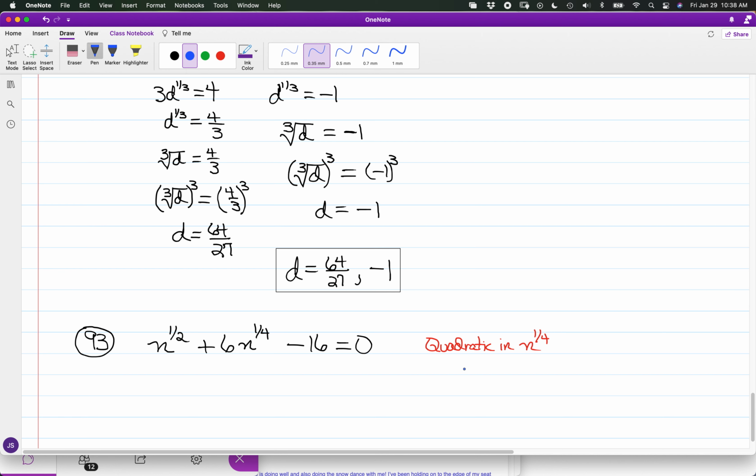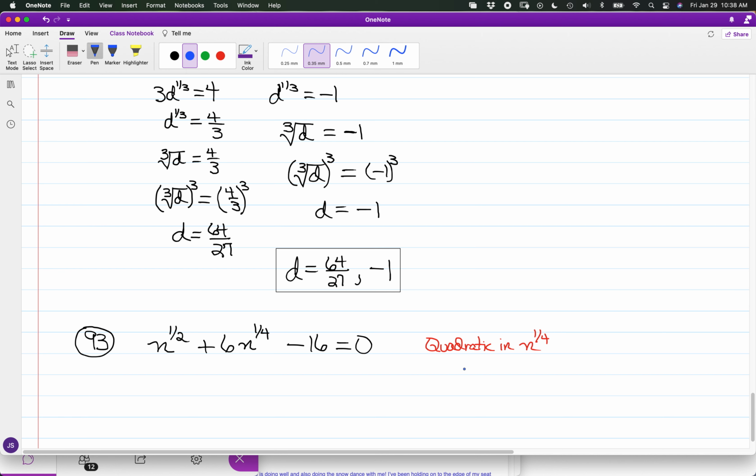If I rewrite n to the 1/4 as its radical equivalent, now I have the 4th root of n equal to -8. This time I'm dealing with an even root radical, and this is where the principal square root rule will be of concern.